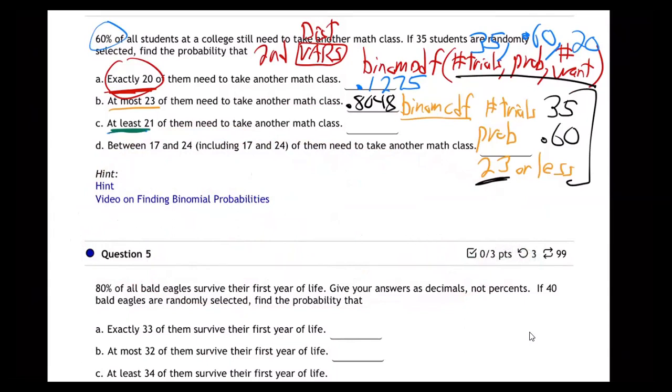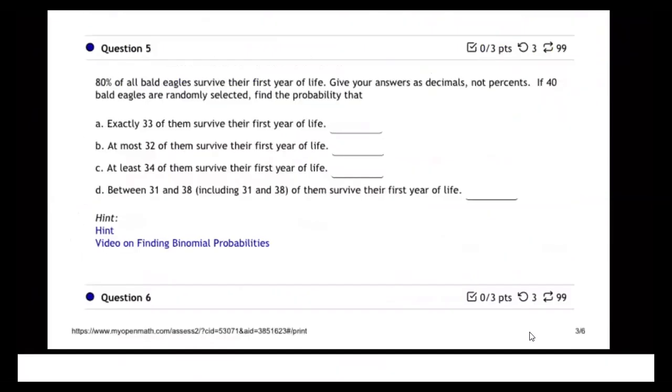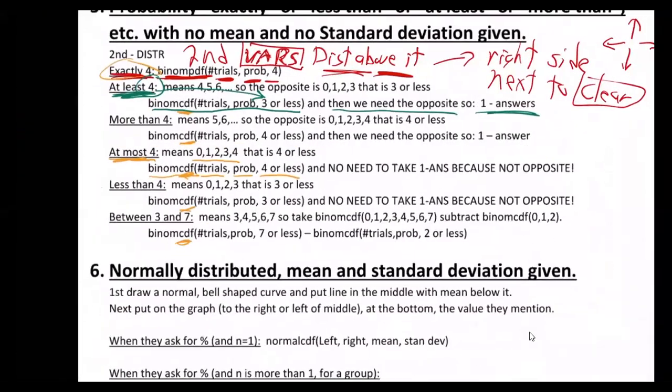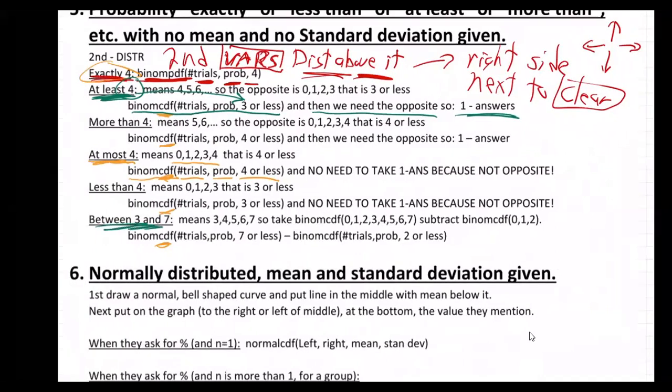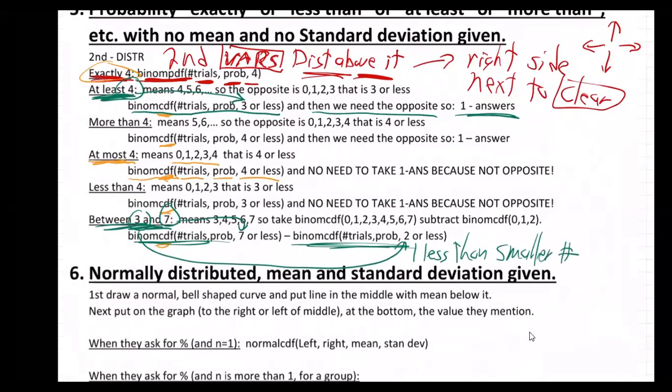So now between 17 and 24. How do we do that? Well, go down again to our notes, and it says it right here, between. For between, you've got to do 2 binom CDFs. Do you see that? The first one has got to be the bigger number, and the second one has to be 1 less than the smaller number. Do you see that?